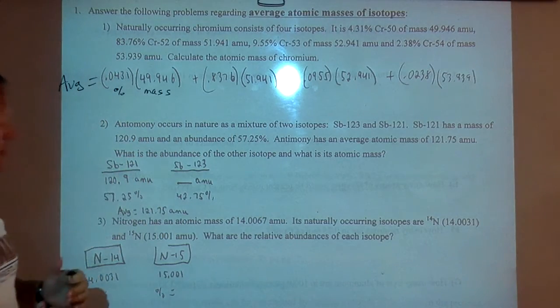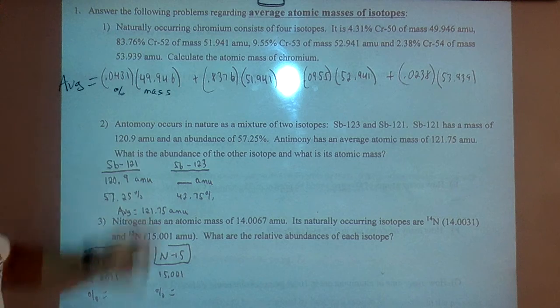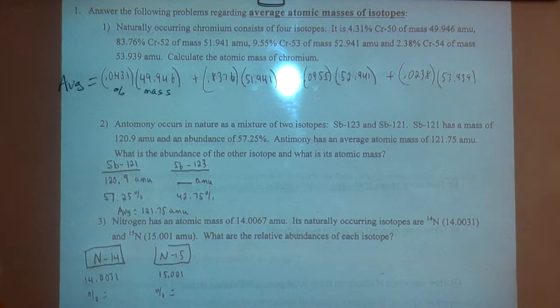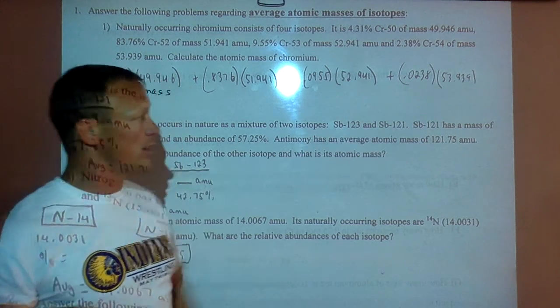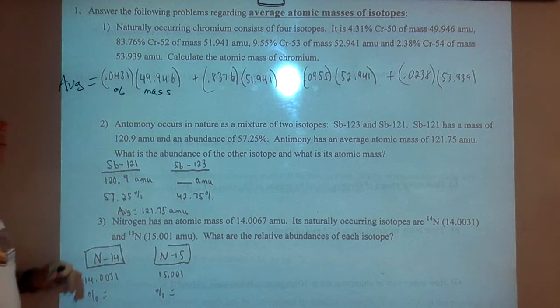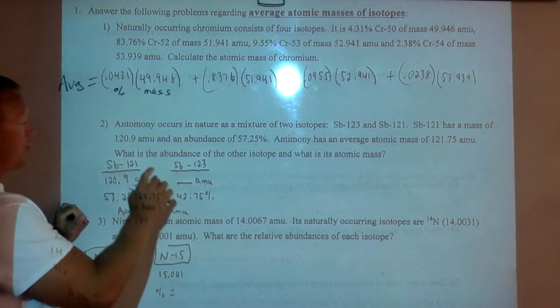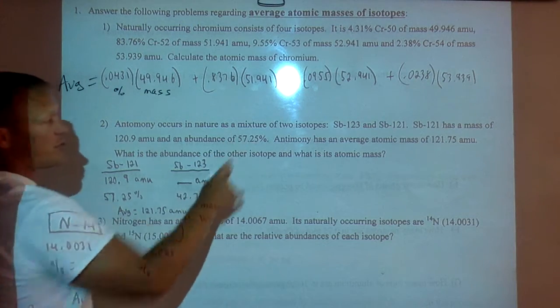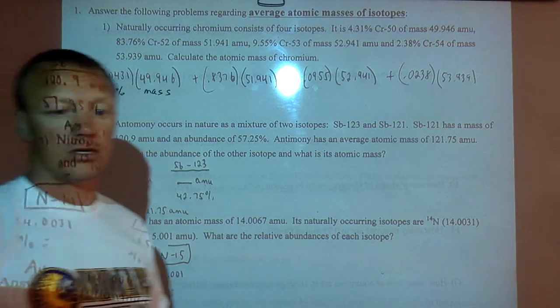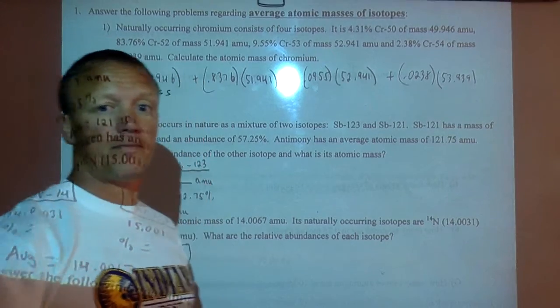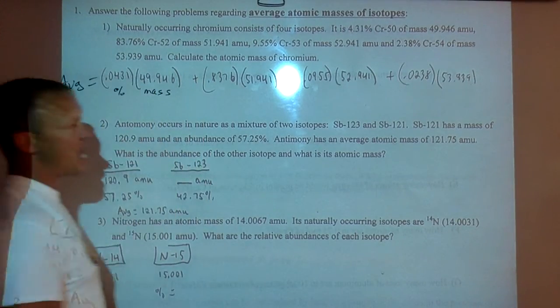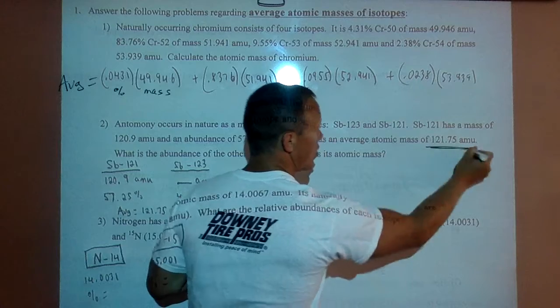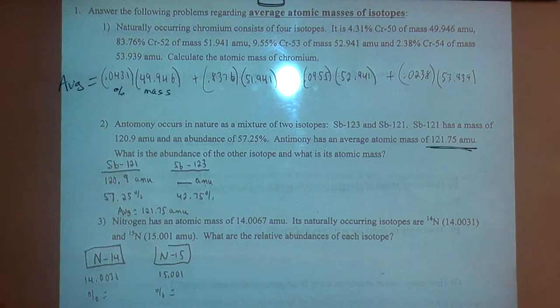Let's go down to one that's a little bit more difficult maybe. Antimony has 2 isotopes, 123 and 121. Okay, so 121 has a mass of 120.9 AMUs, and 57.25% of all the isotopes of antimony are that one. And then it gives you the average mass of all antimony isotopes.